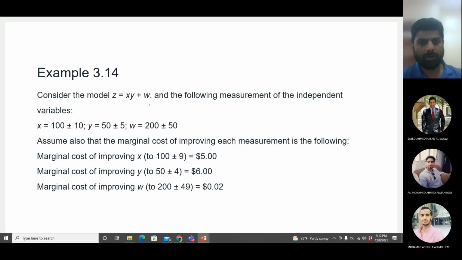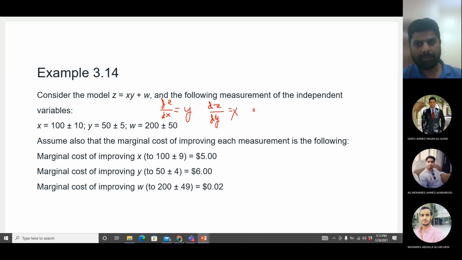Okay, so if you take partial differentiation of Z with respect to X, you will get Y only. Okay, and then if you do partial differentiation of Z with respect to Y, you will get X only.